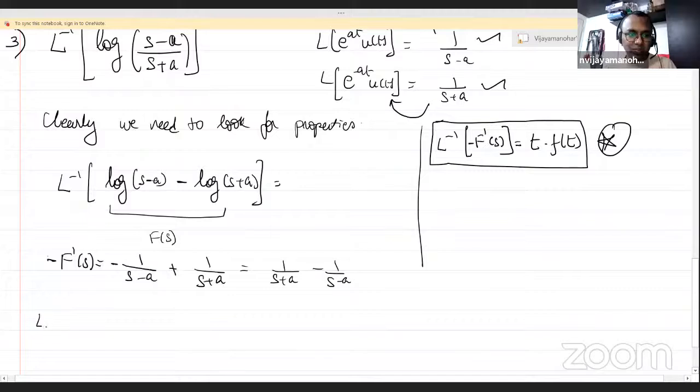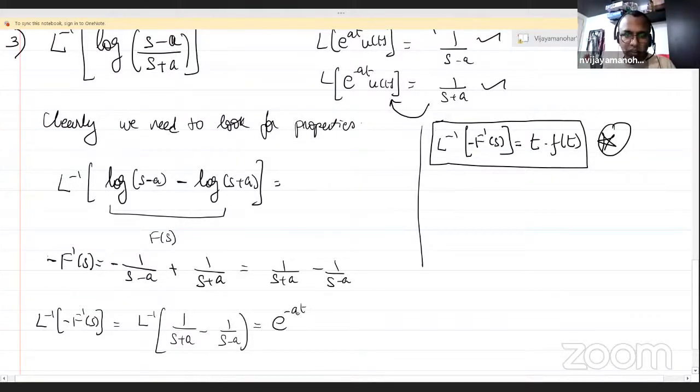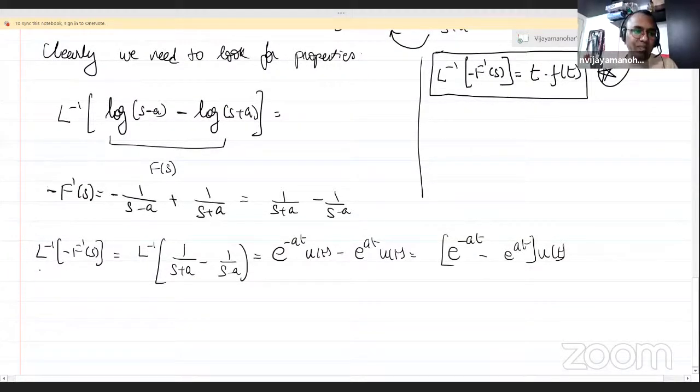So Laplace inverse of minus f dash of s is the Laplace inverse of 1 by s plus a minus 1 by s minus a, which is e power minus at u of t minus e power at u of t. But the Laplace inverse of minus f dash of s is t into f of t.